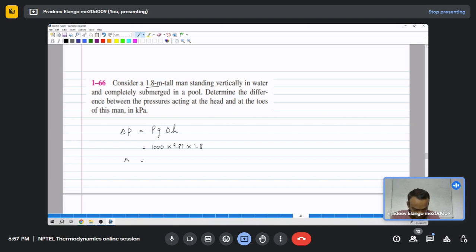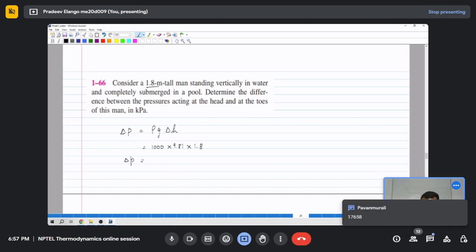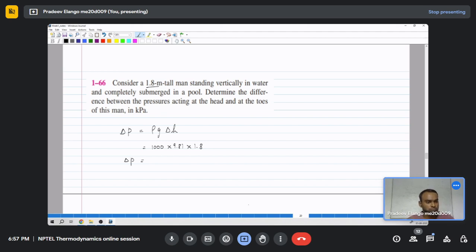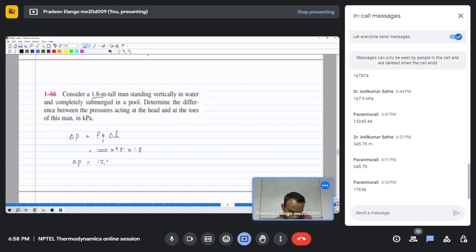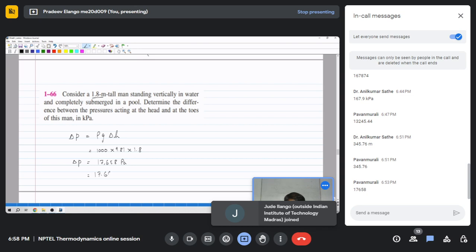So we can calculate delta P: 17,658 pascals. And this is 17.66 kilopascals.